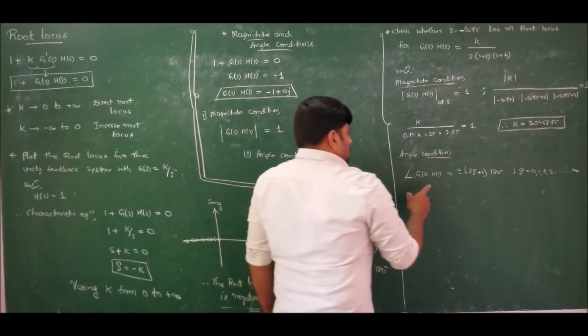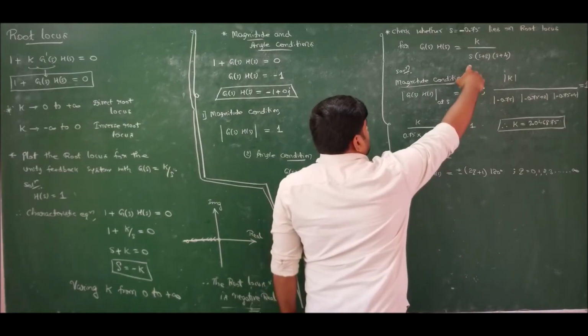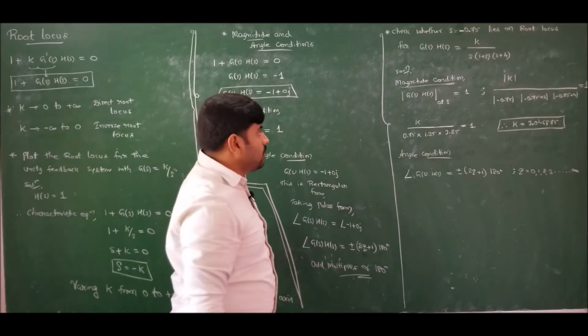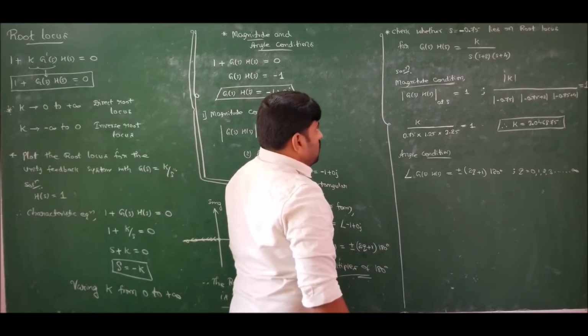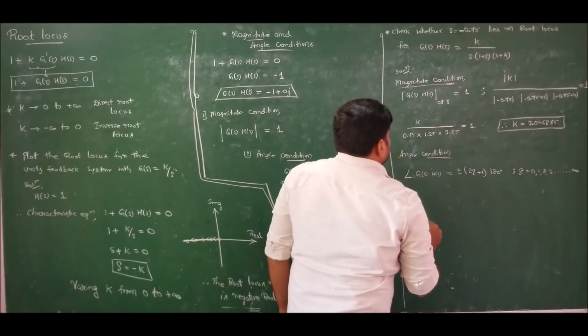Now to obtain the angle, this is in rectangular form, but I can get the angle in polar form. Just now I demonstrated how to get the polar form from rectangular form. Let me write that once again.